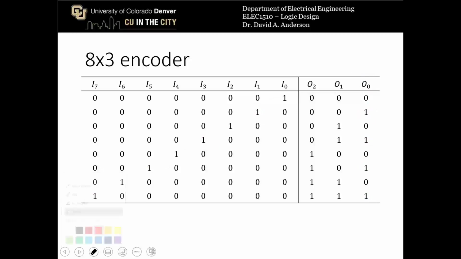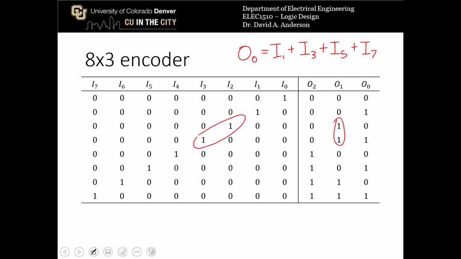So the function for output 0 is going to be I1 or I3 or I5 or I7. If you were to actually write out the 8-dimensional K-map for this, that is the function that you would come up with as the most optimal function for output 0. Output 1 then is on here and here, so that's input 2 and 3, and on here that's input 6 and 7.